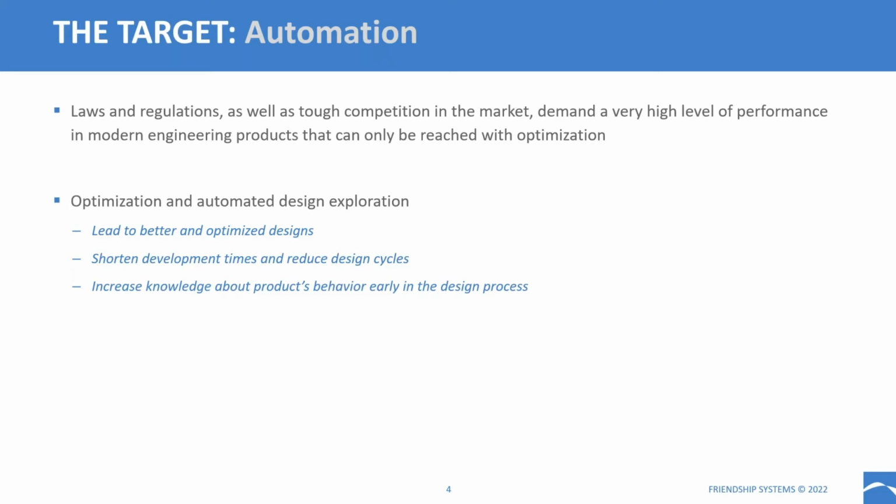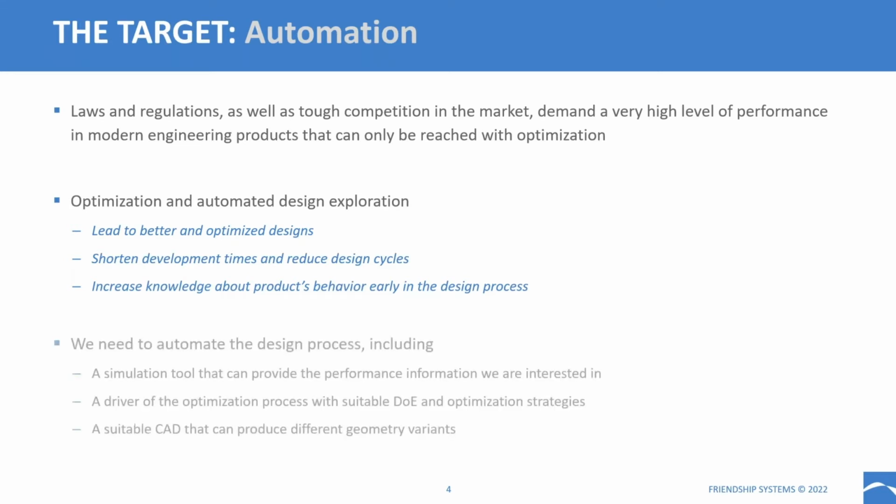And finally, and this is, I think, a very important point, they help to greatly increase the knowledge about the product behavior. So it means knowing what the influences on the performance of the product are very early in the design process, where the freedom for making decisions is very large. And then we can use that information to make design decisions, and that will lead us to our final developed product.